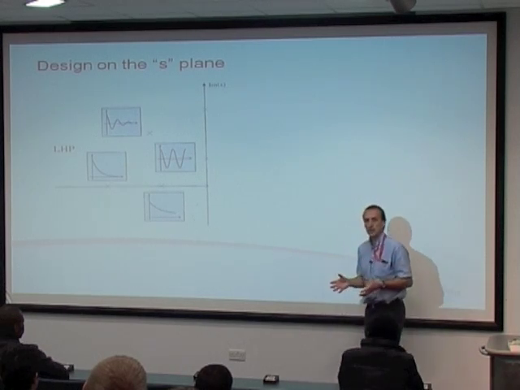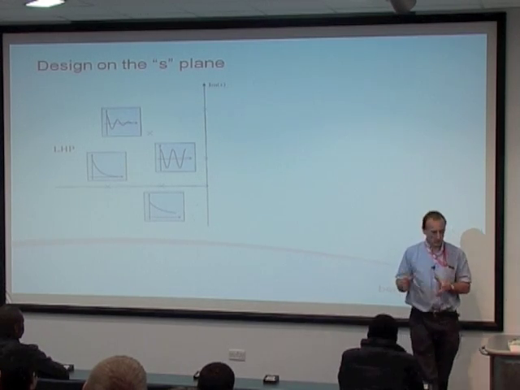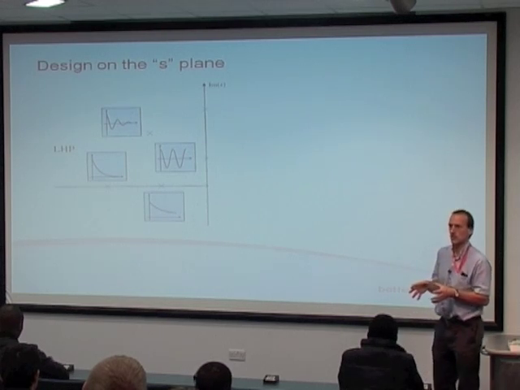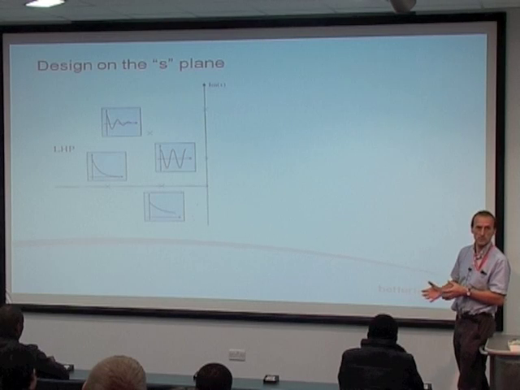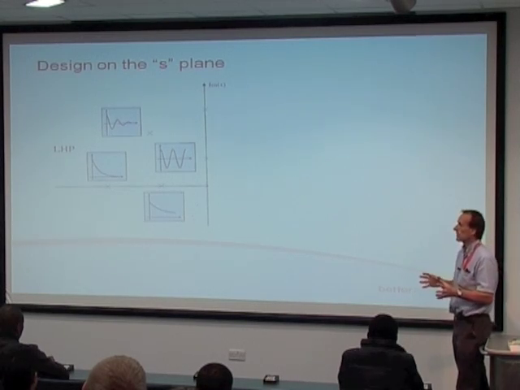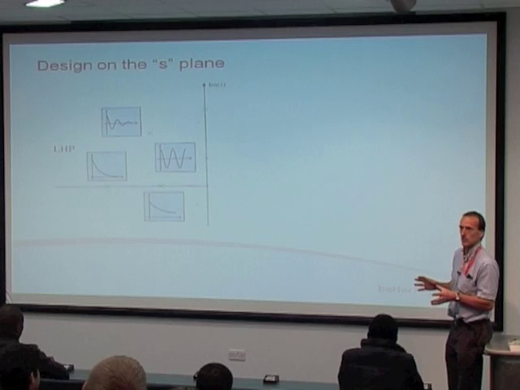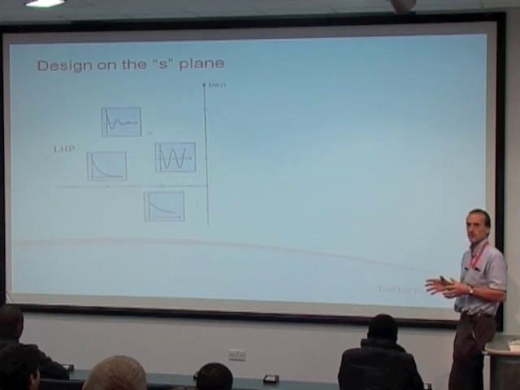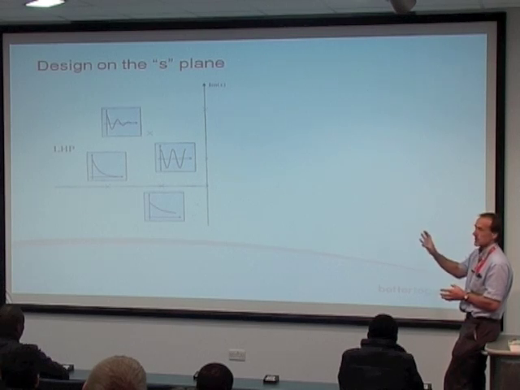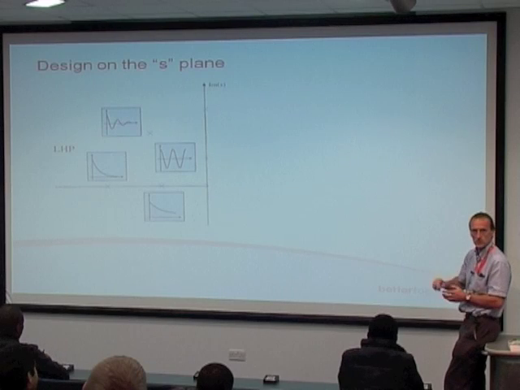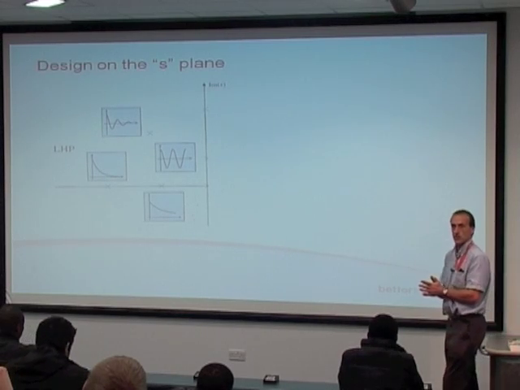So all the S-plane is, is a graphical way of representing an equation. And in our case, that equation happens to be a transfer function. So some people find that abstraction a little bit of a step too far sometimes, but you'll soon get the hang of it. All we're doing is representing the roots of equations as crosses or little circles on a piece of graph paper.